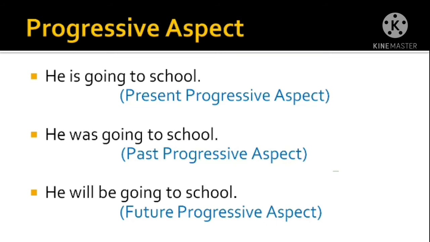plural form. Whereas I, the first you for singular person or single person, or he, she, it, these are in the singular form. So I is always coming with am. I am going to school. You are going to school. He or she is going to school. They are going to school.